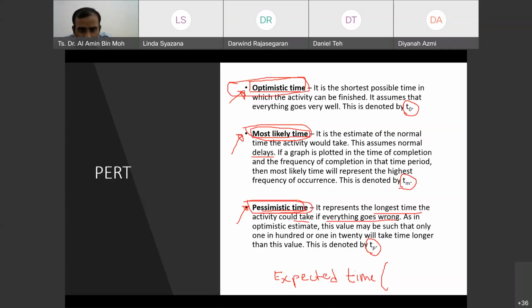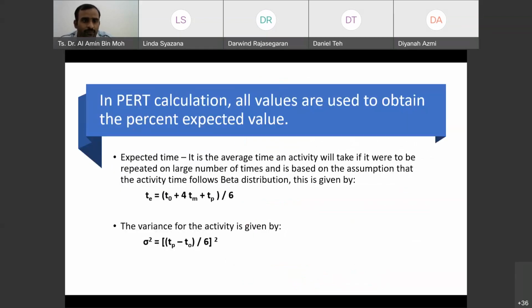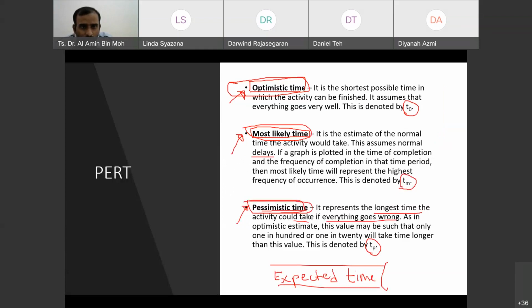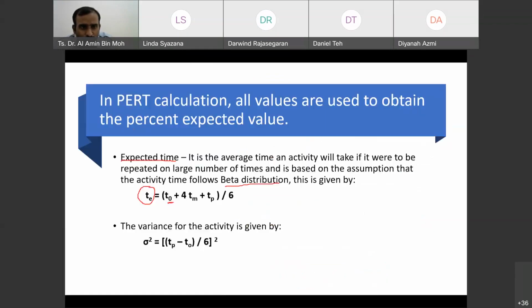Basically, it's expected time, or average time. This is the formula using a beta distribution. This is the expected time that we are going to find. You are going to be given 3 pieces of information for each activity, so you need to find the expected time. So what is this?